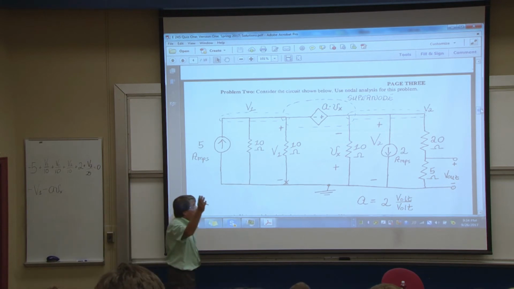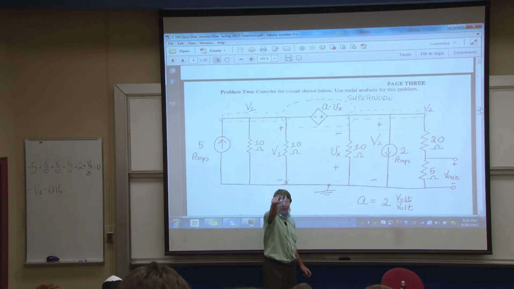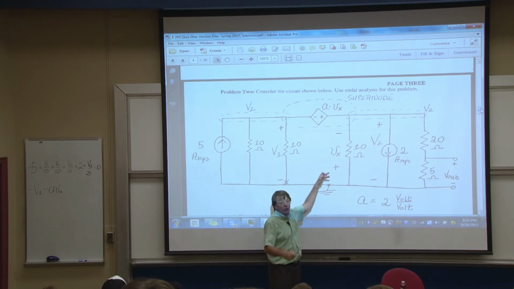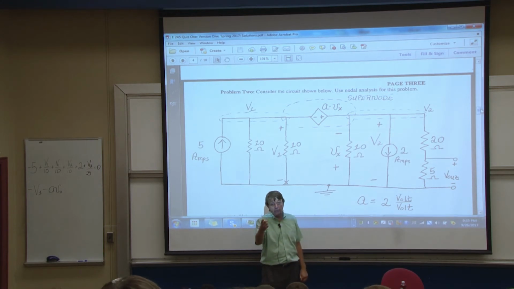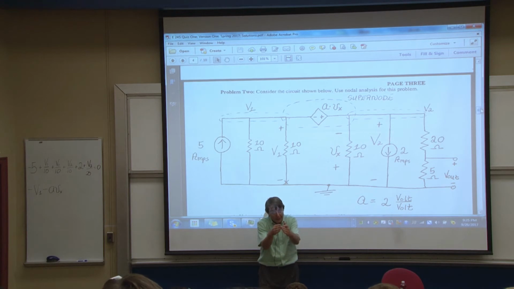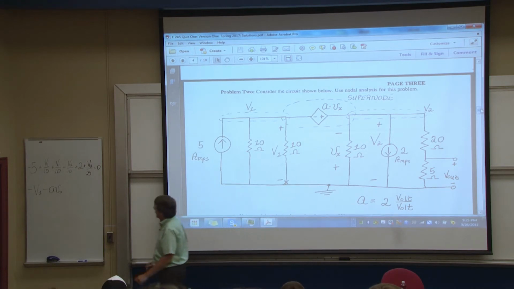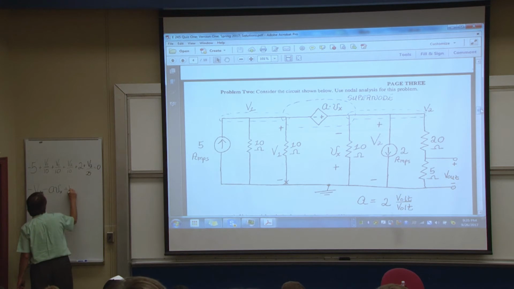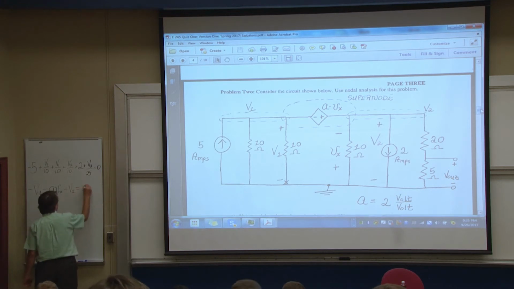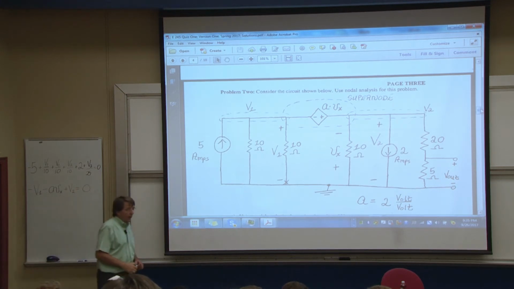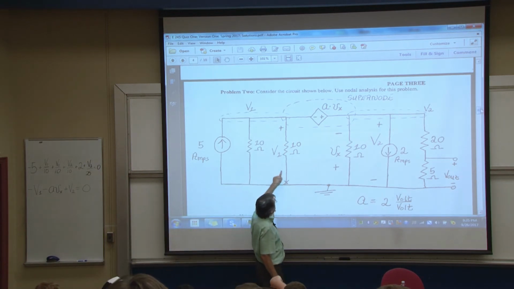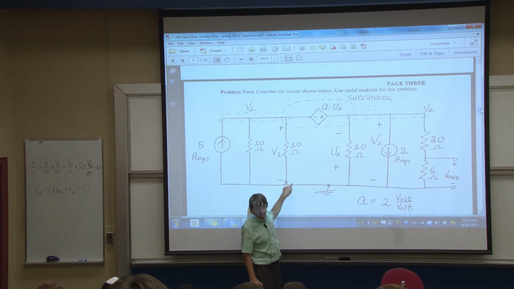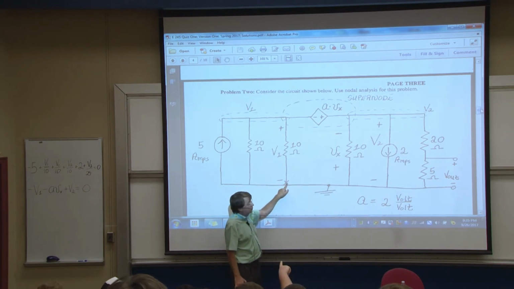Now, to my colleague who asked this question before, I could now say minus Vx. Absolutely. But I'm going to write it as plus V2. But either way will get you the right answer. So I write this now as plus V2. And all of this equals 0. It's starting here, going around and coming back through the supernode.